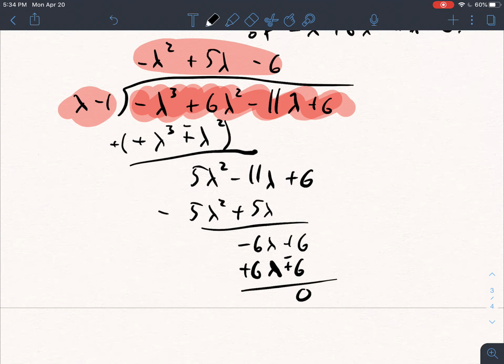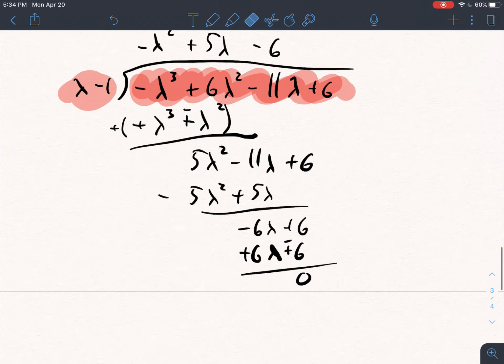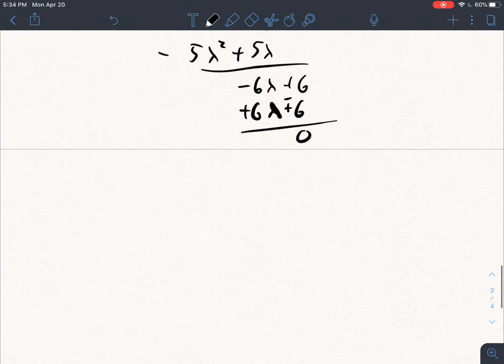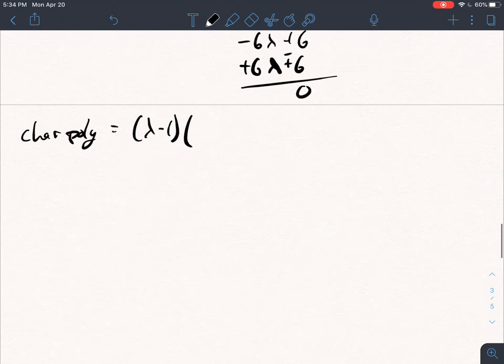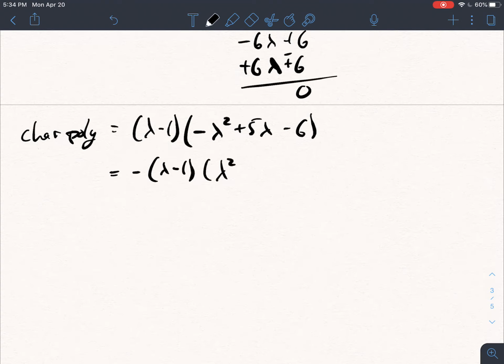So this whole polynomial right here factors as lambda minus 1 times negative lambda squared plus 5 lambda minus 6. Okay. So our characteristic polynomial is now equal to lambda minus 1 times negative lambda squared plus 5 lambda minus 6.